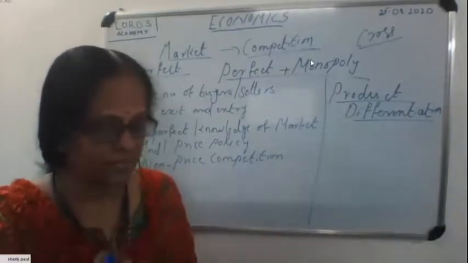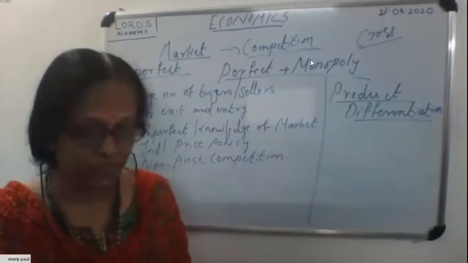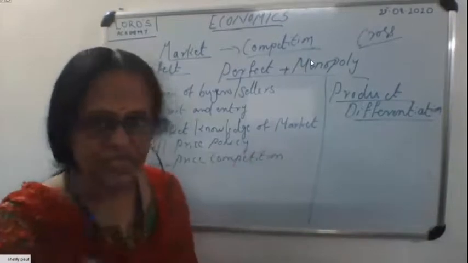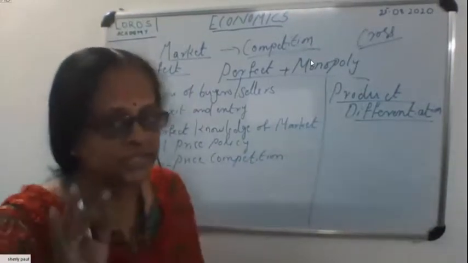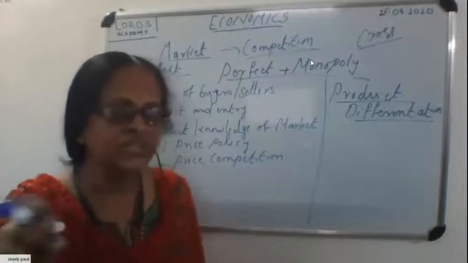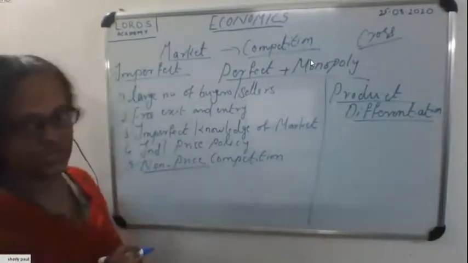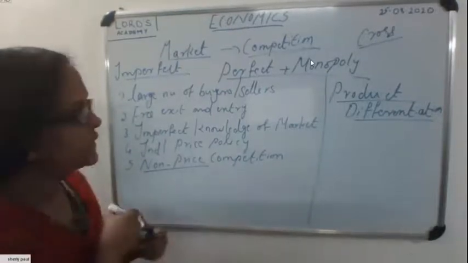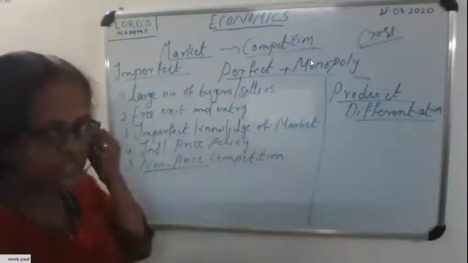Product differentiation is usually achieved in two or three ways. When they ask about product differentiation, you have to write these points on how firms differentiate the product. First, we said non-price competition, and within non-price competition product differentiation comes.